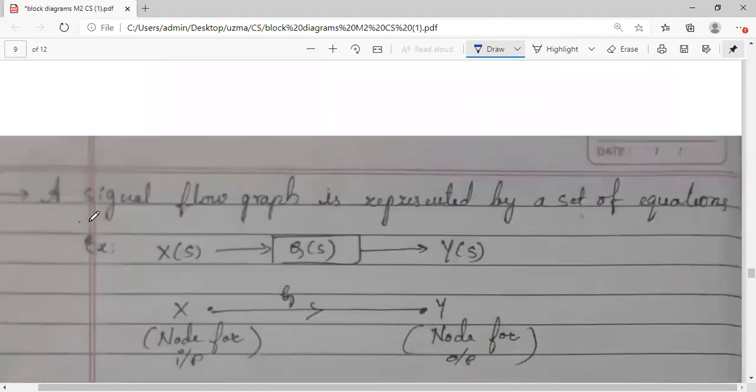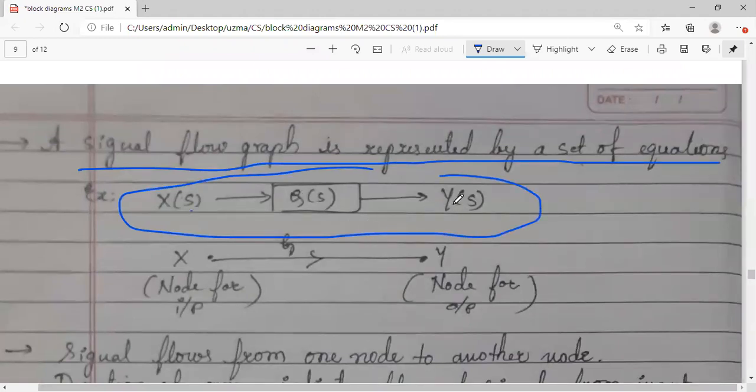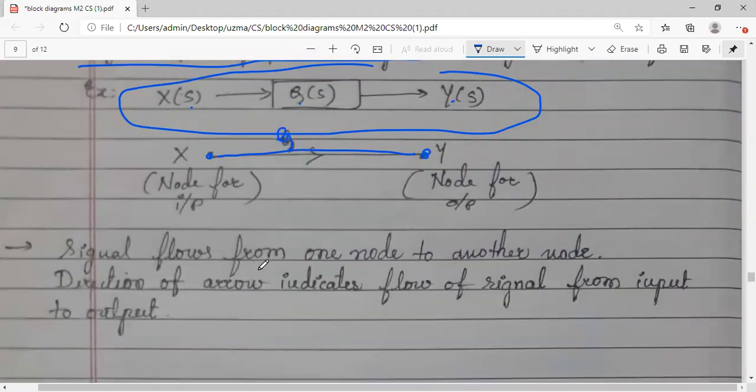You can see that a signal flow graph is represented by a set of equations. I told you, if this is a simple block with input X, output Y, and G as the gain, all in Laplace transforms, I can simply write X and Y as two dots connected by a branch with the multiplication of gain G. Signal flows from one node to another node.